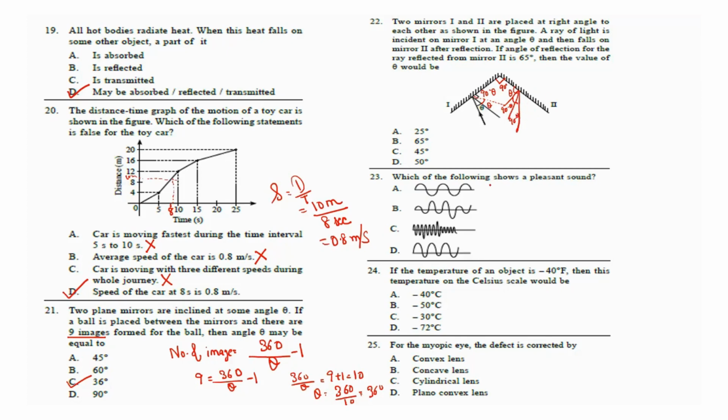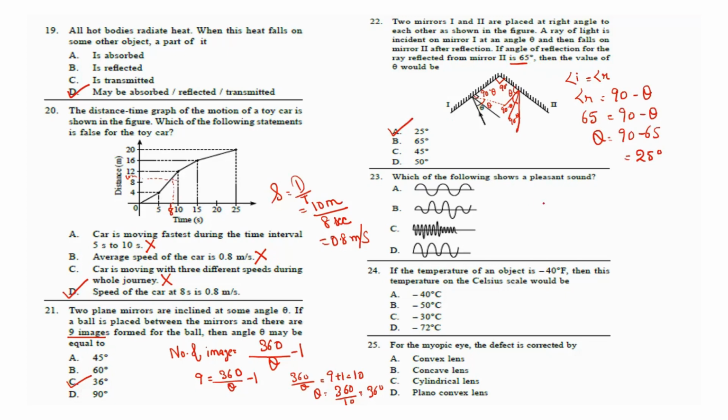We write this because we know angle of incidence is equal to angle of reflection. So, here angle of reflection is 90 minus theta. And here the angle of reflection in the second mirror is given as 65. So, we will write 65 equals 90 minus theta. So, theta is equal to 90 minus 65, that is 25 degrees. So, our answer is option A, right? 25 degrees is our correct answer.